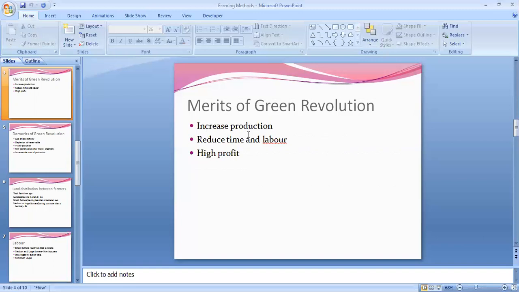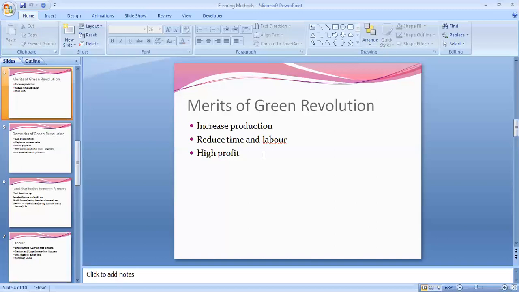Due to the use of high yielding variety seeds and modern farming methods, the production of crops has increased, which results in food security. It means there is no shortage of food grain in our country.